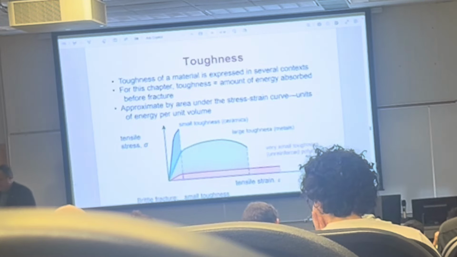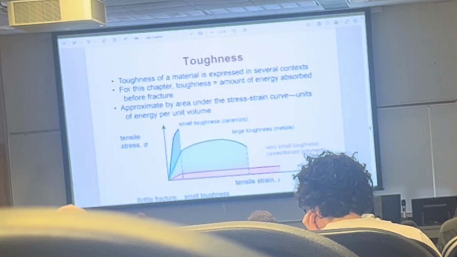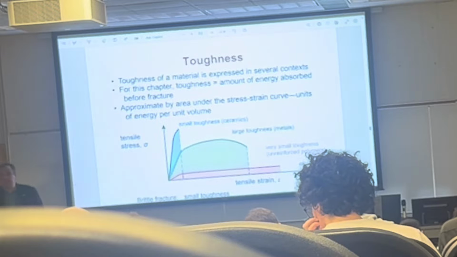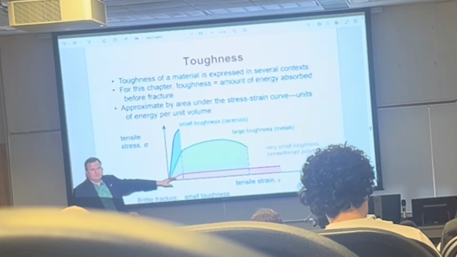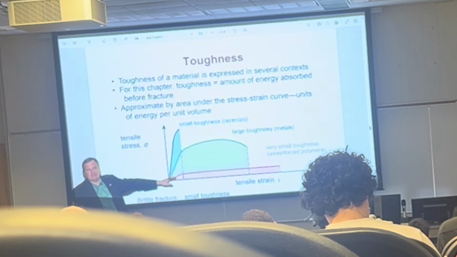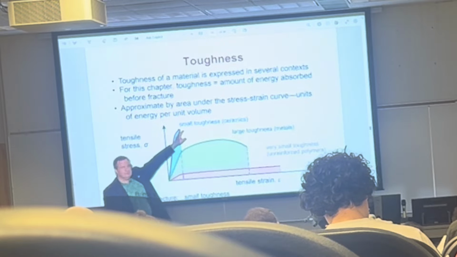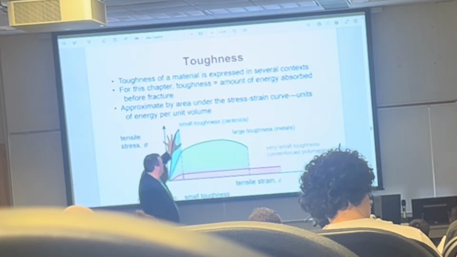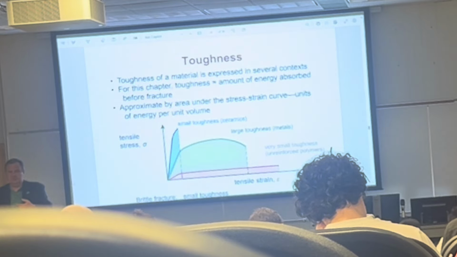You can see that if we take some polymer, it has small toughness. If we take a metal, it has large toughness. And ceramics have small toughness. The elastic modulus of plastics is several gigapascals, and ceramics is in the hundreds of gigapascals. But because ceramics break in a brittle fashion, and the plastic is stretched to a very large strain, they're both small. You can see by how much I can stretch it.